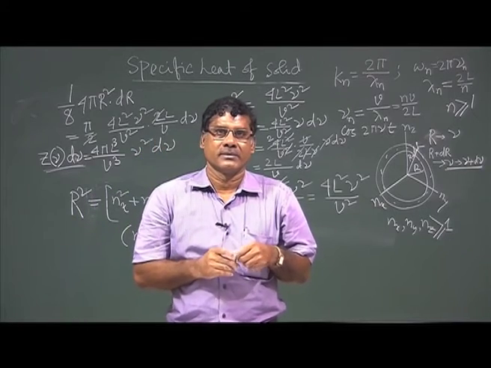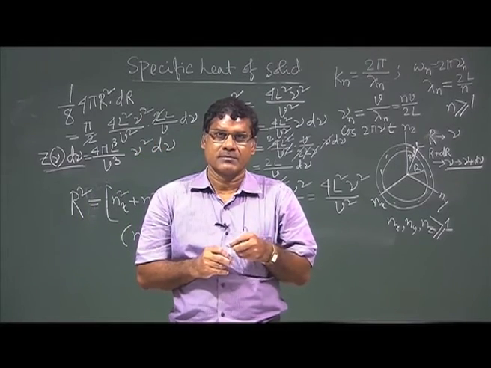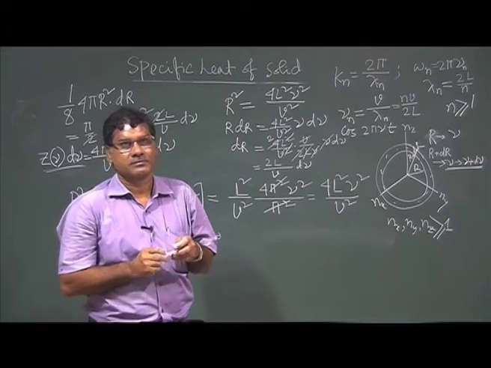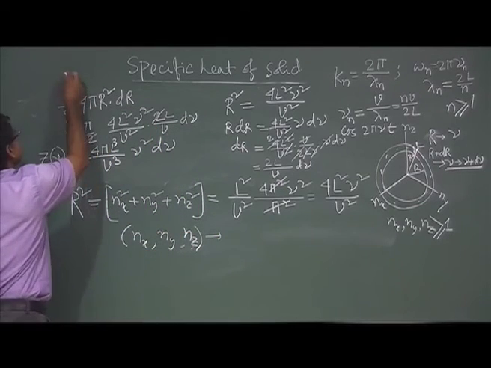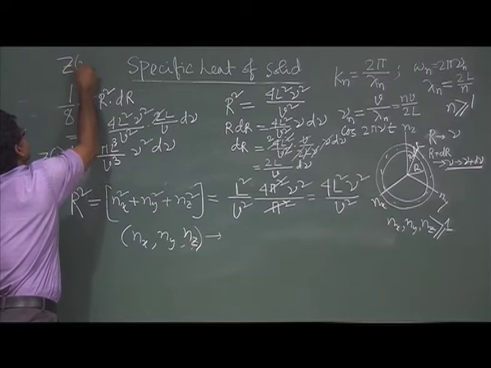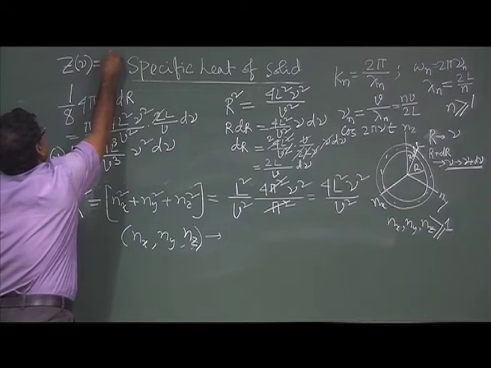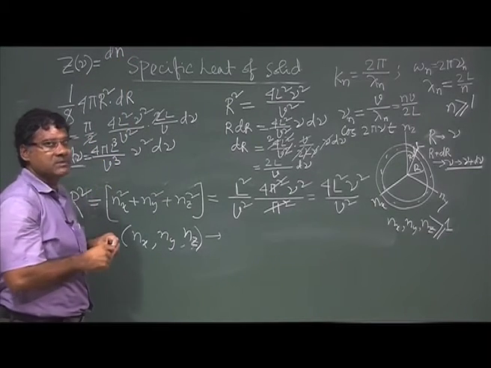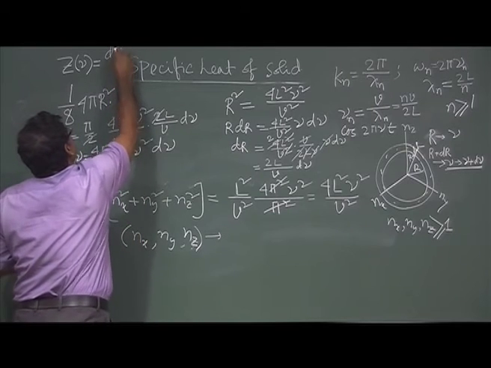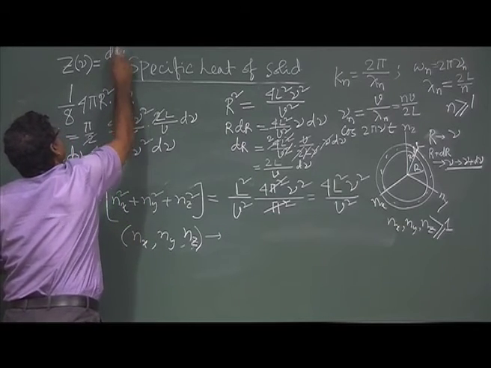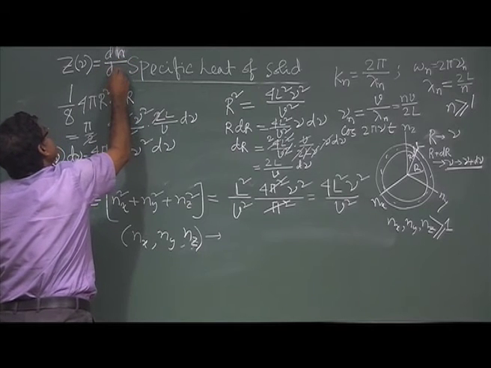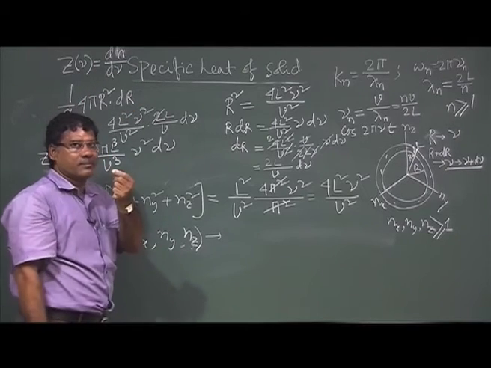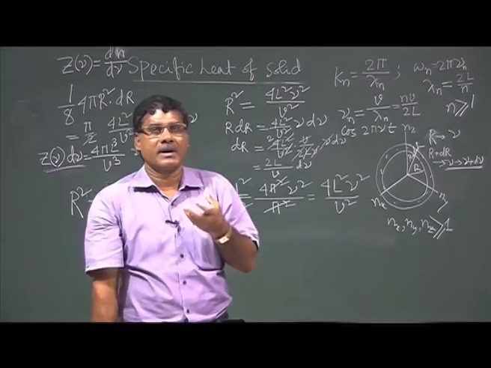Then this part we can tell is the density of modes, meaning the number of modes per unit frequency. So, density of states Z nu is basically defined as d n by d nu, where d n is the number of modes, or one can use capital N. That is, per unit frequency, how many modes.